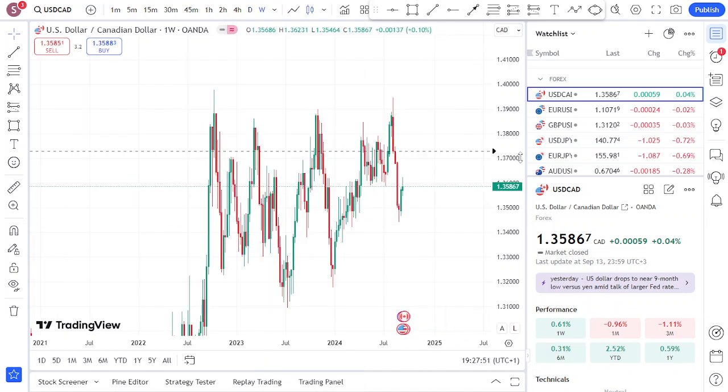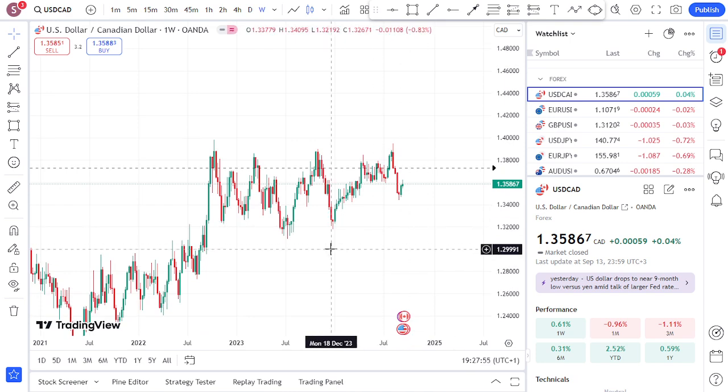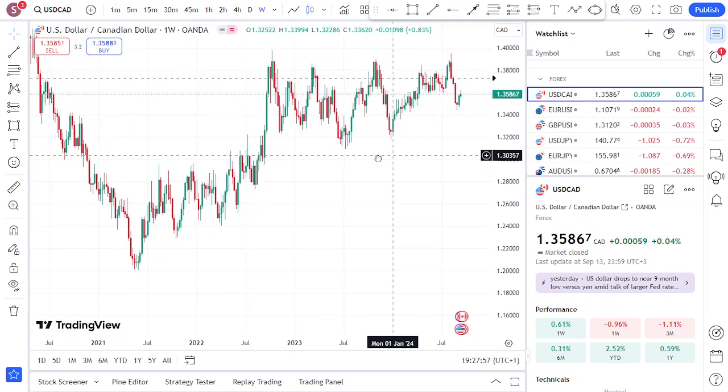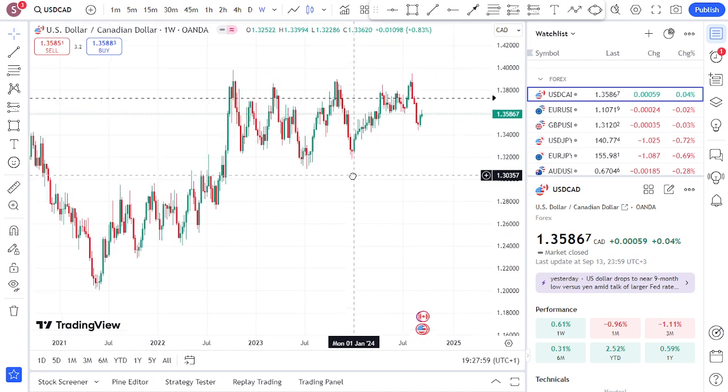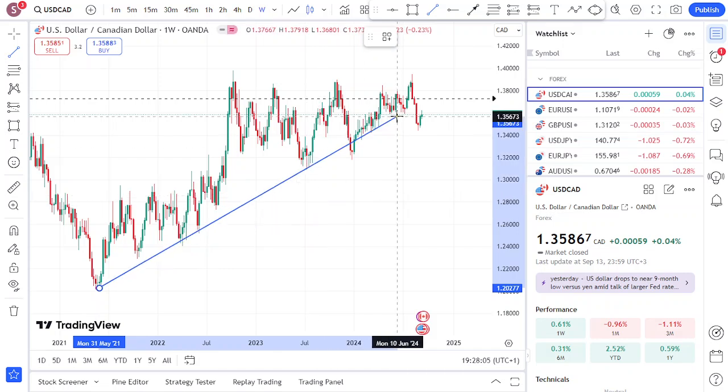So if you just have a glance from the weekly, you can see that we were heading up. USDCAD actually is in an uptrend. It was going up like this.